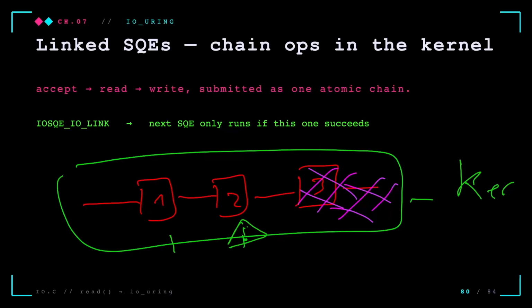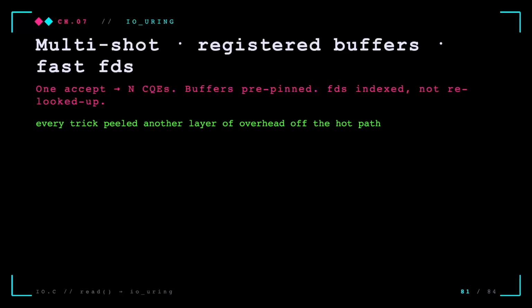So this is a way to batch multiple input-output operations where there is a dependency chain. It's more suited for things like HTTP request flows, etc. So the idea is that you batch all of this to the kernel and your application can be busy doing other things.